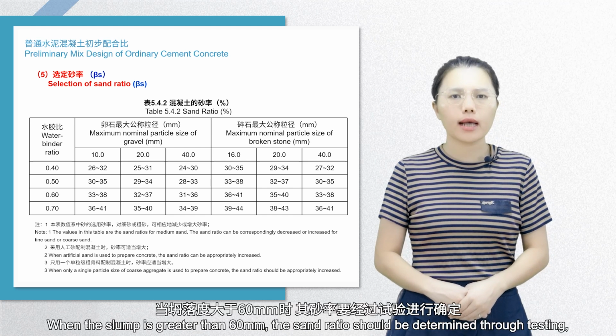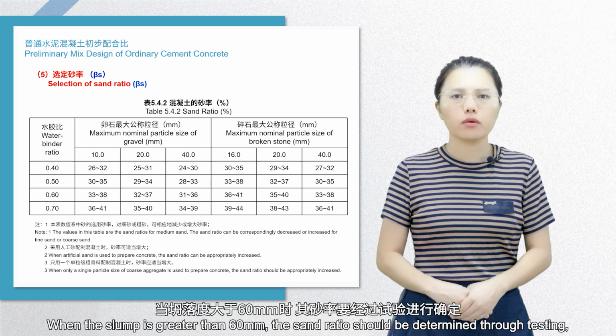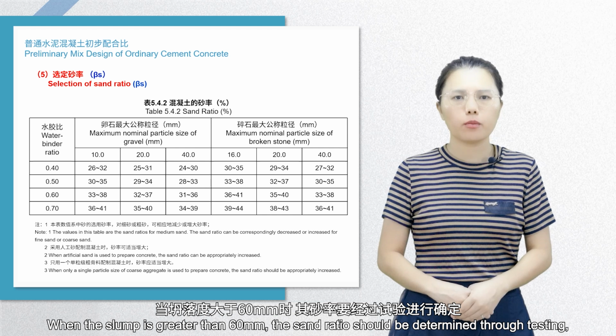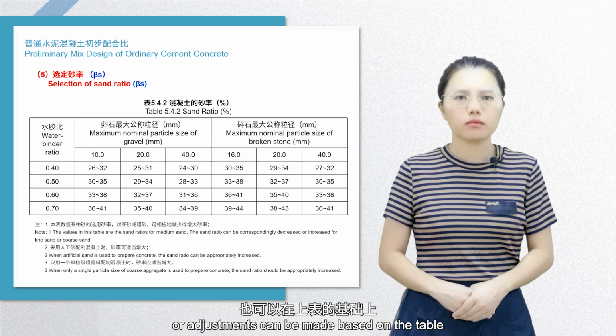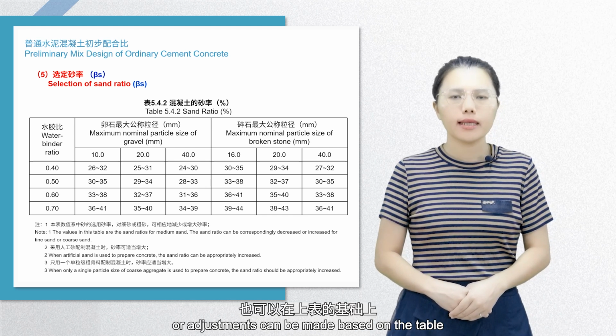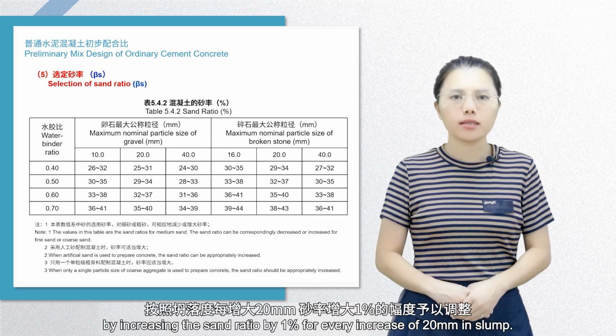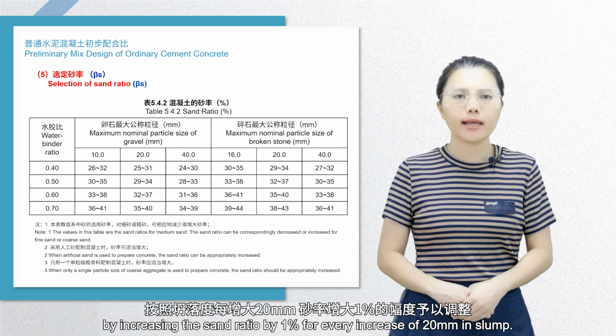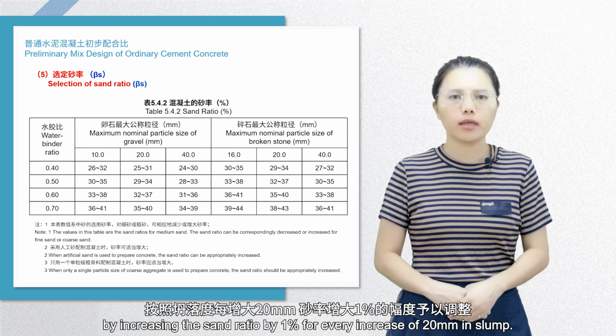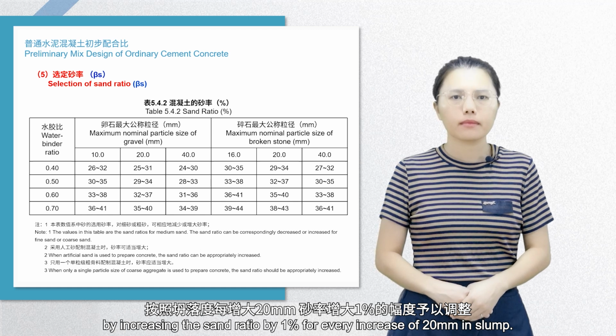When the slump is greater than 60 millimeters, the sand ratio should be determined through testing, or adjustments can be made based on the table by increasing the sand ratio by 1% for every increase of 20 millimeters in slump.